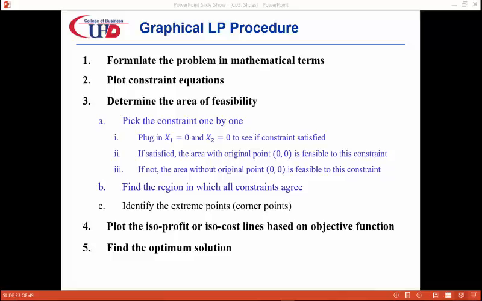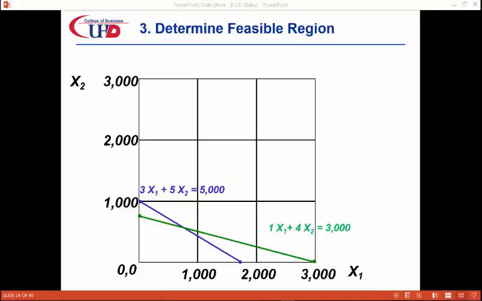Feasible region means all the constraints must be satisfied. By characterizing the feasible region, we actually identify its extreme points or corner points. In our example, we have drawn the 2 constraint lines.